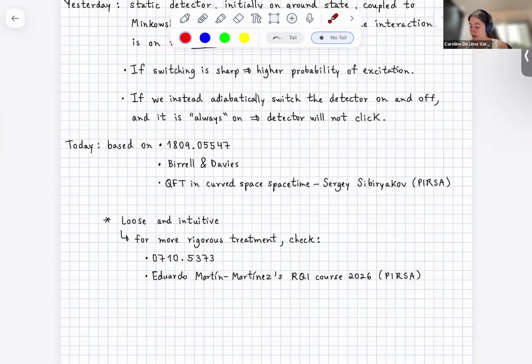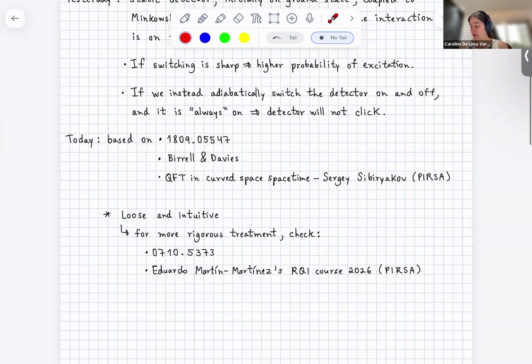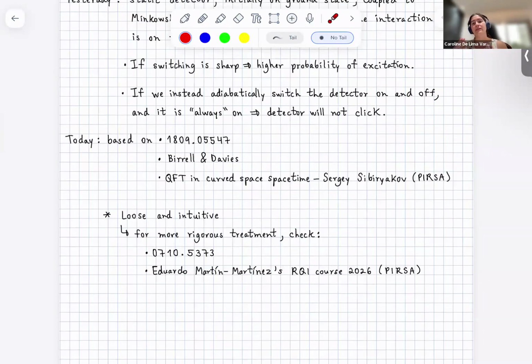So I base some calculations on this reference here, and some of the concepts on Barrow and Davies, and also on the course by Sergei Sibiryakov that is on Pearson, which I also cited on Monday. Now, if you want to check other presentations of the same effect, especially if you want something more rigorous, I'd highly recommend that you check that reference, and also Eduardo Martin-Martinez's course on RQI that is on Pearson that I mentioned yesterday. Okay, so with this disclaimer, let's start.